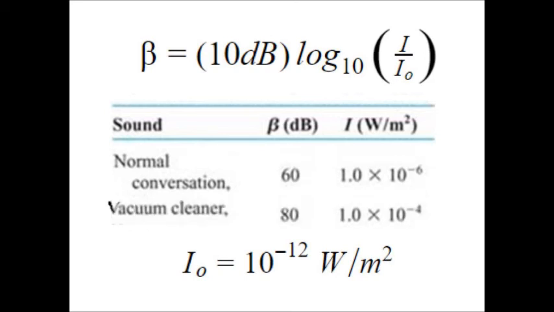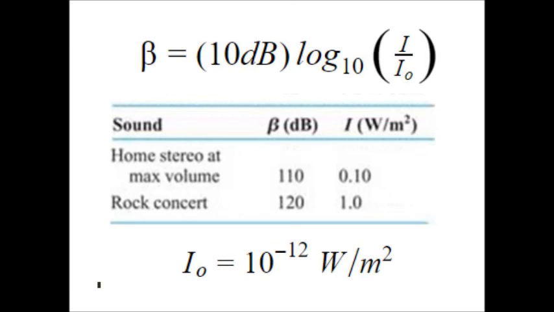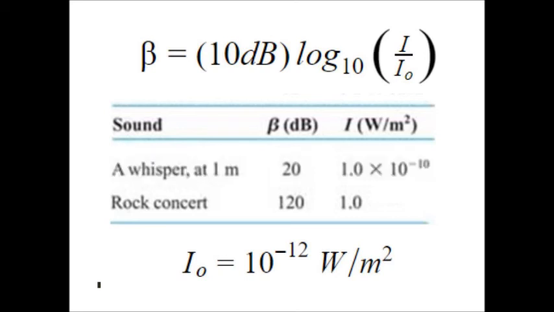Increasing the decibel level by 10 is 10 times the intensity, the energy per second per area. And increasing the decibel level by 100 decibels means what's that? 10 billion times the intensity.